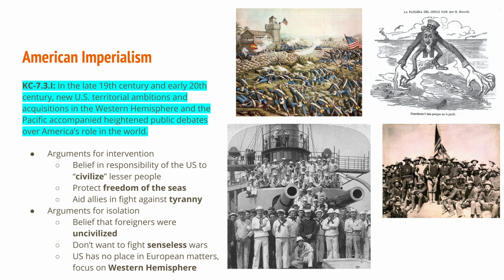Arguments for isolation was similar to that in the interventionists, that they believed that foreigners were uncivilized, and so therefore we should not associate ourselves with them, that they would make us in some way uncivilized.